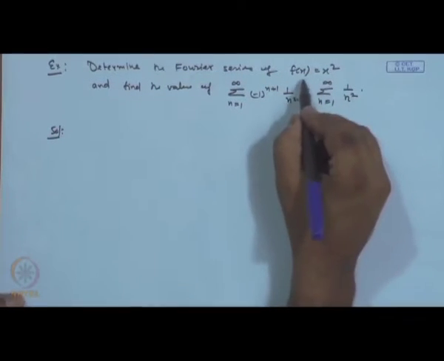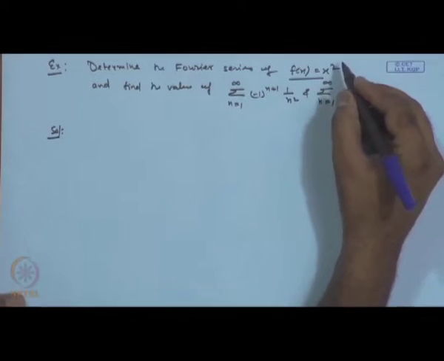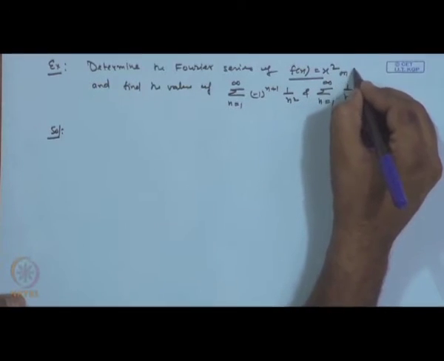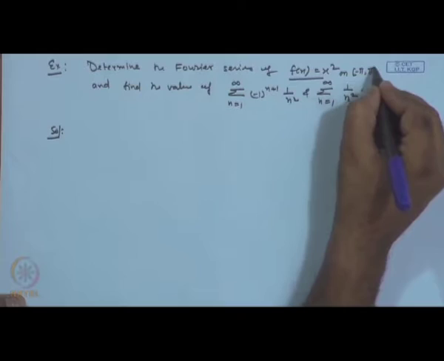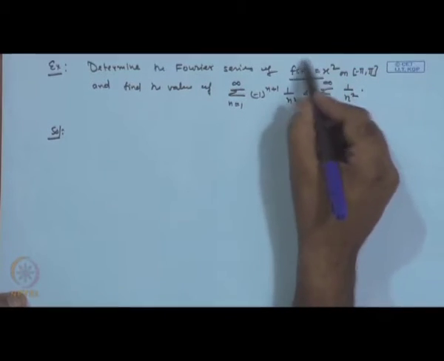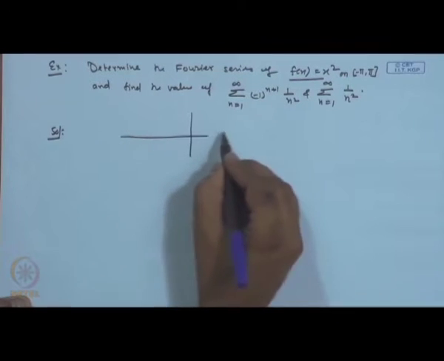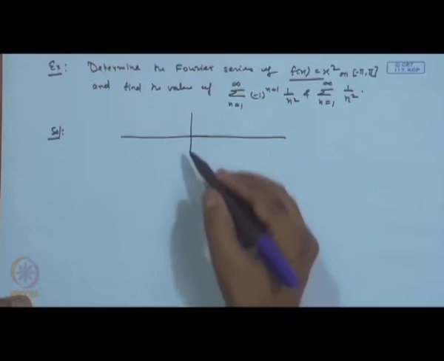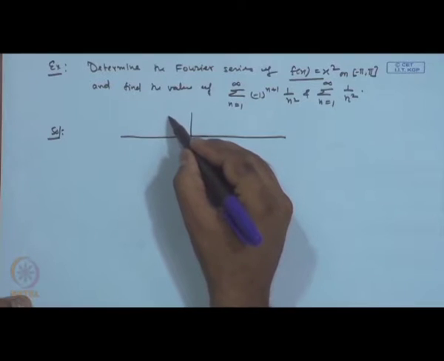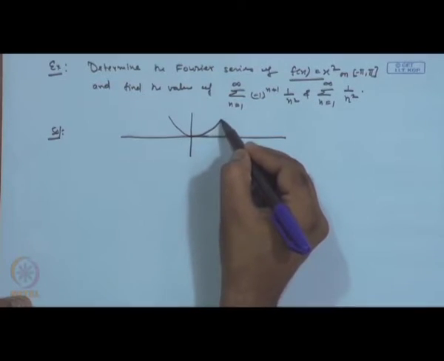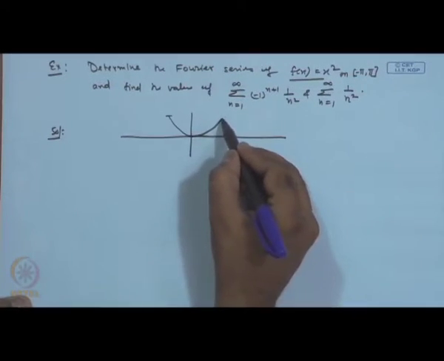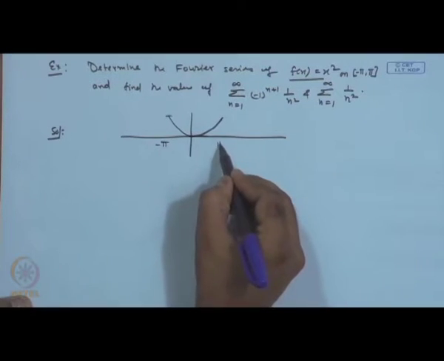First, the Fourier series of f(x) equal to x square on minus pi to pi. So, in this interval we want to have the Fourier series of f(x) equal to x square. If we look at this function, a parabola, we have this from minus pi to pi.